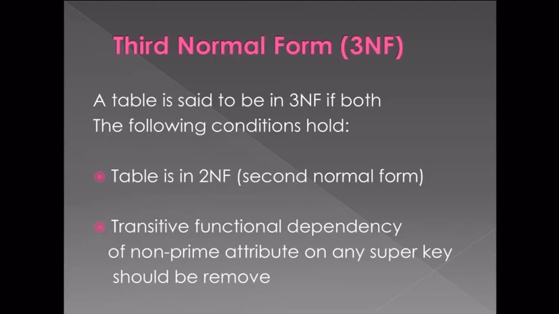A table is in third normal form if it is in second normal form, and for each functional dependency X to Y, at least one of the following conditions holds: X is a superkey of the table, or Y is a prime attribute of the table.